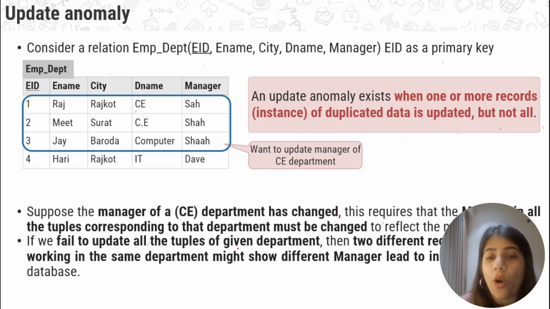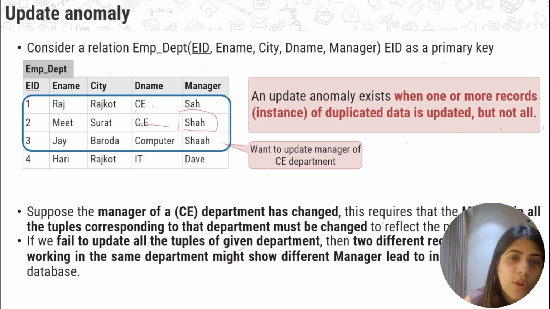If we fail to update all the tuples of a given department, then two different records of employees working in the same department might show different managers, and it leads to inconsistency in the database. So if you see, I want to update the manager of the CE department where I put Shah, and this is not updated in the other records, so such kind of anomaly is called update anomaly.